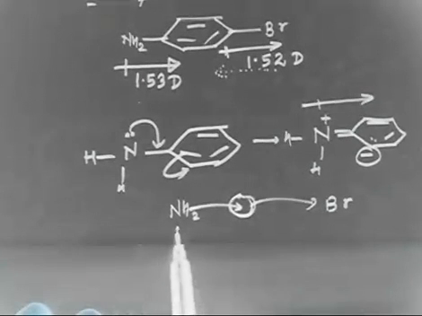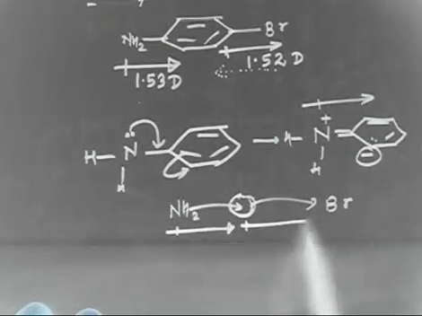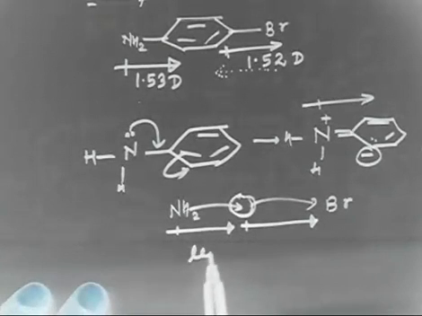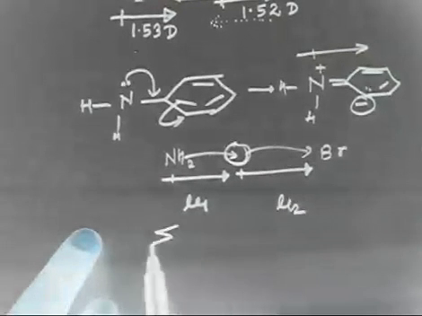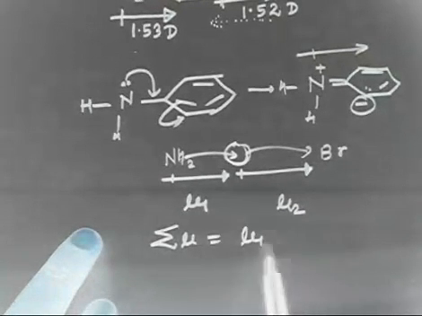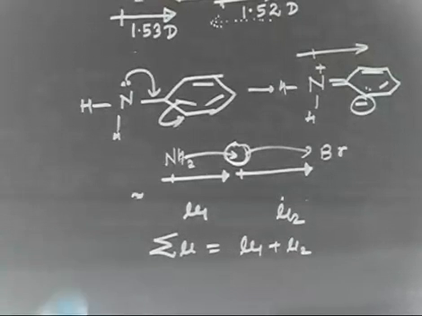From here electron is going, and once again from here electron is going. So basically you are adding two dipole moments, mu1 and mu2. Finally the resultant dipole moment is mu1 plus mu2. So simple. Are you getting or not?